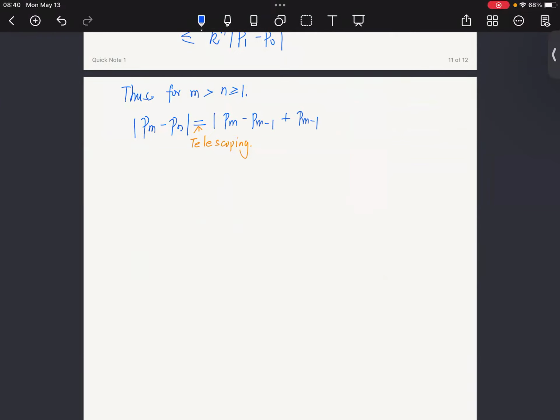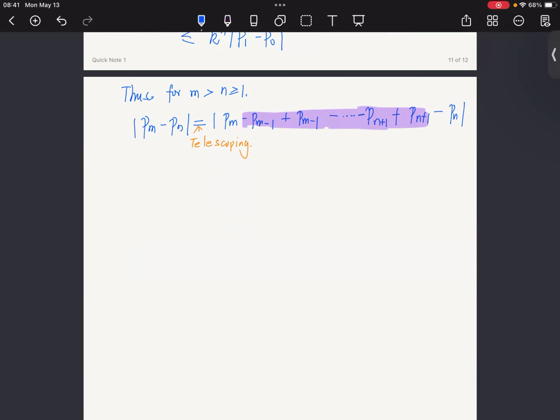You can see I just add some things in between, and then subtract at the same time, and then plus P n plus 1. And the last three items should be like this: minus P n plus 1, and then plus P n plus 1, and then minus P n. All the things in between are subtracting and then adding again, so it doesn't change the result.